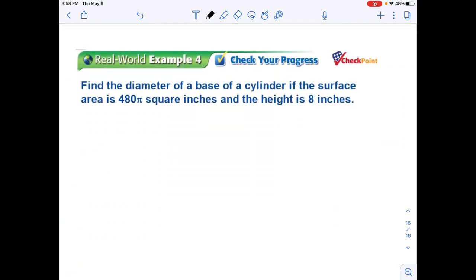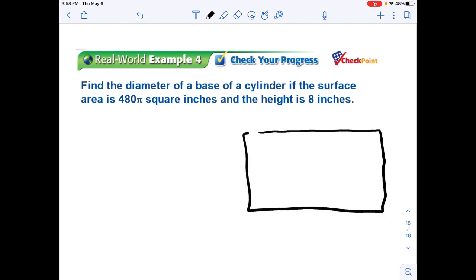Now we're going to find the diameter of a base of a cylinder if the surface area is 480 pi square inches and the height is 8 inches. So we have a little more to do here. I'm going to draw out our net.